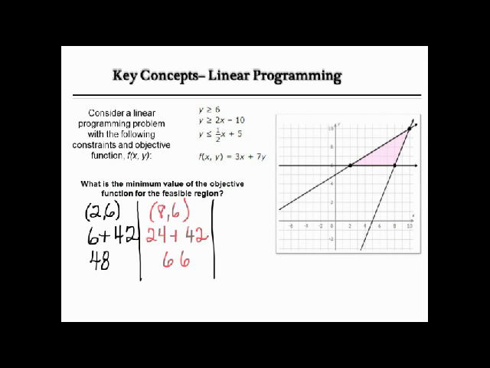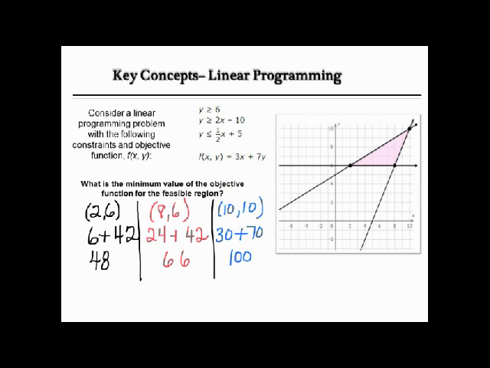And our final point right here is when x is 10 and y is 10. So the point is 10, 10. So I have 30 plus 70, which equals 100.